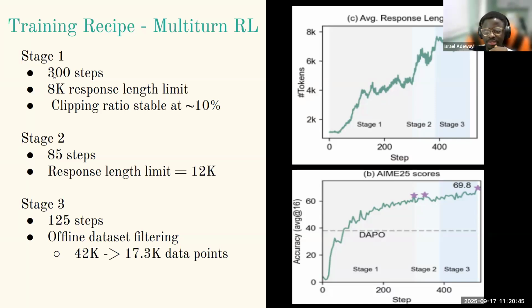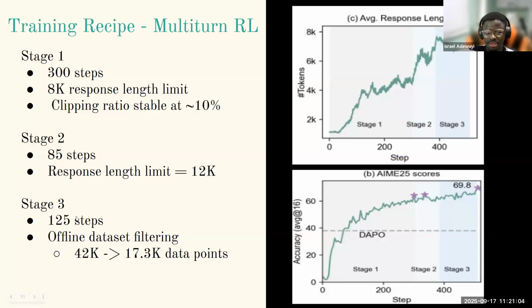After about 300 steps, the reward and the evaluation scores plateaued. Then in stage 2, they increased the response length to 12K for another 85,000 steps, and the average response length grew to about 6,000.